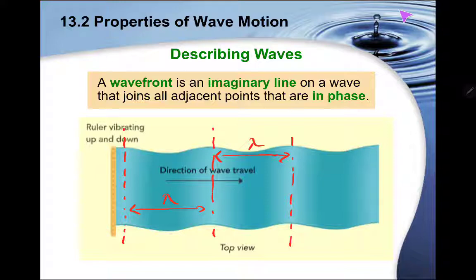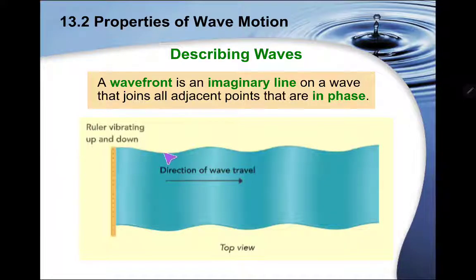One more thing I want to highlight is that wavefronts don't have to be on the crests. I could also choose to draw my wavefronts, for example, at the troughs. Do you notice that everything about what a wavefront is still applies? All of the points at the troughs are in phase across here. And this wavefront is in phase with this wavefront, which is in phase with this wavefront.